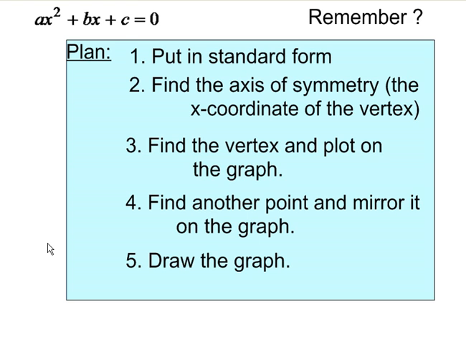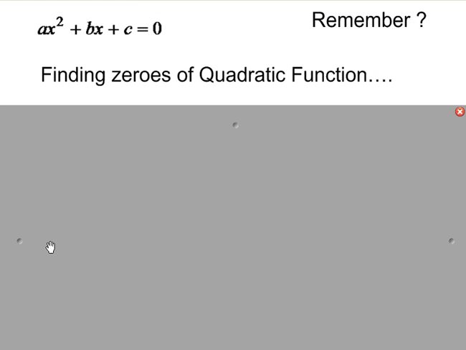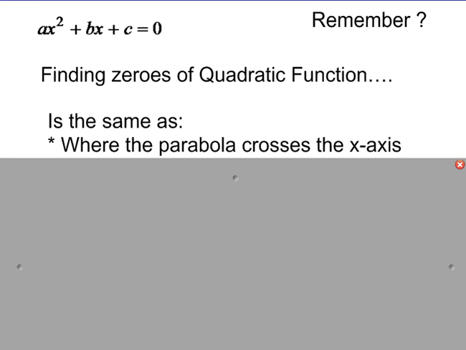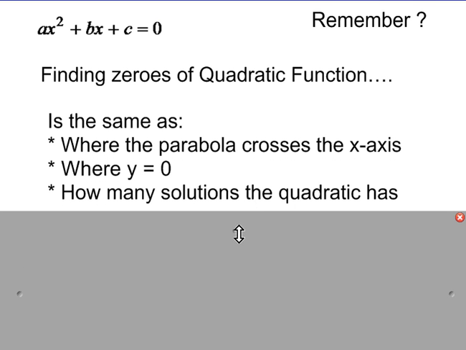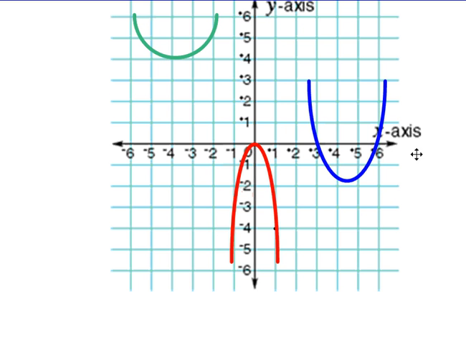Some other things we've talked about before: finding zeros of a quadratic function is the same as finding where the parabola crosses the x-axis, where y equals 0. That also tells us how many solutions a quadratic has. Looking at this diagram, we can see this is where y equals 0, where the parabola crosses the x-axis.